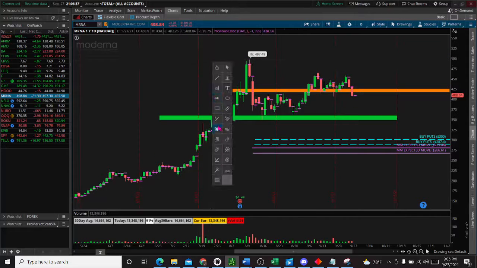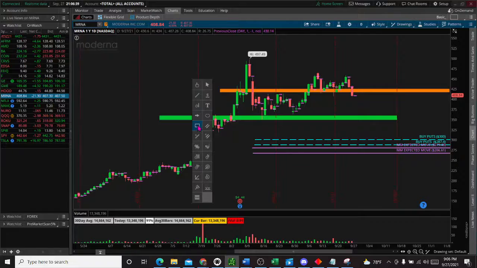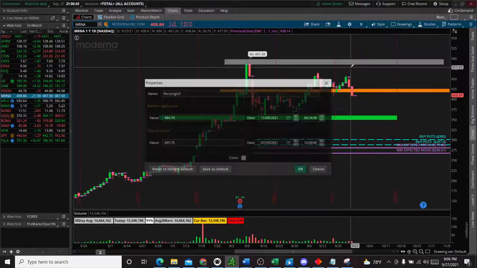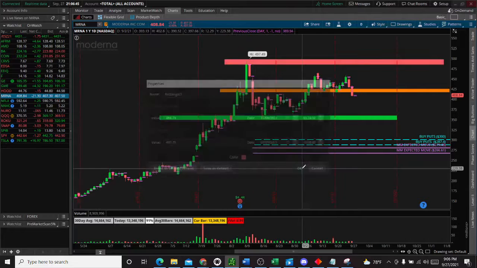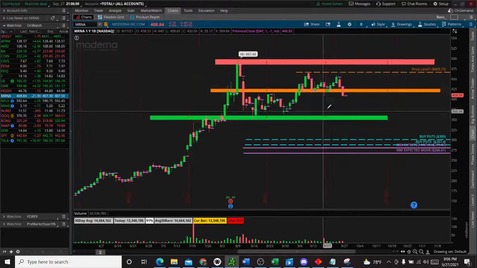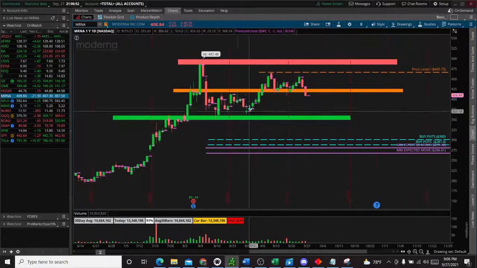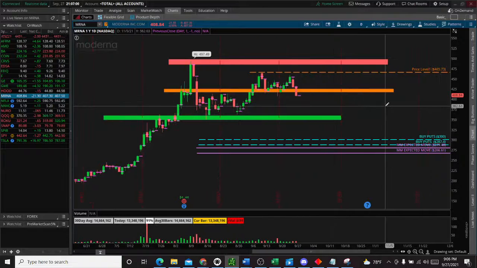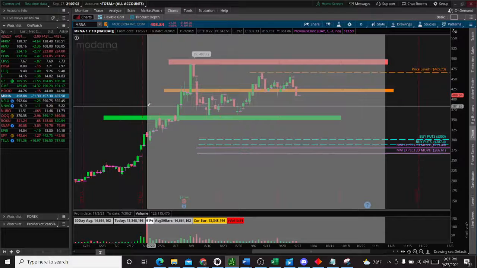And then obviously we have these two levels right here of major resistance where they rejected the all-time high, and then these two right here. So now that we've identified the points of interest, we've got to do a further analysis on the shorter term price action.